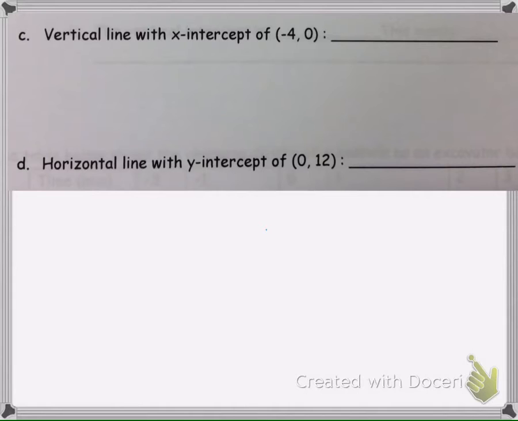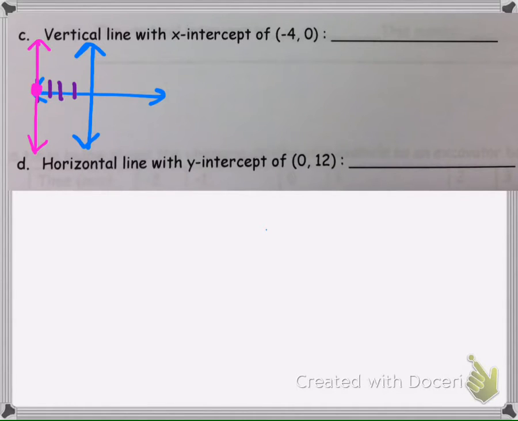Okay, if we take a look at part C, it says, write an equation for a vertical line with an x-intercept of (-4, 0). So I'm going to go ahead and draw a picture. So here's a vertical line, and it goes through (-4, 0).